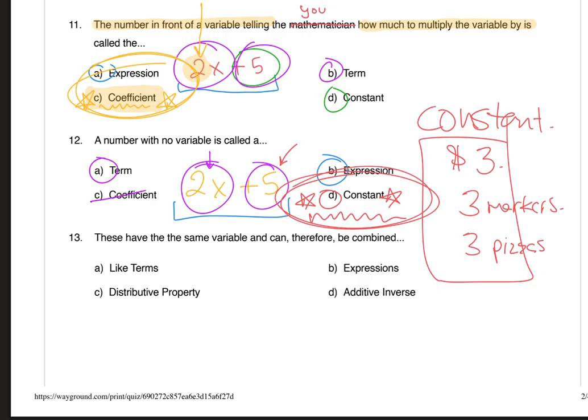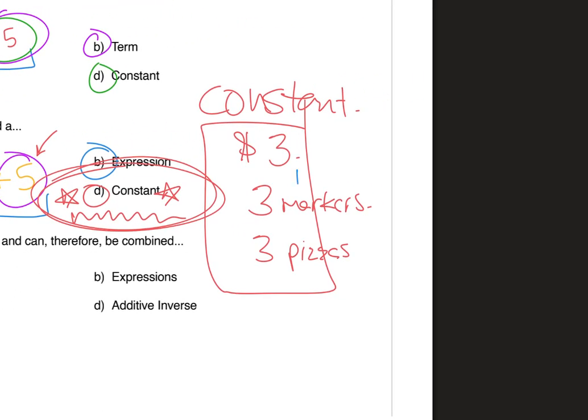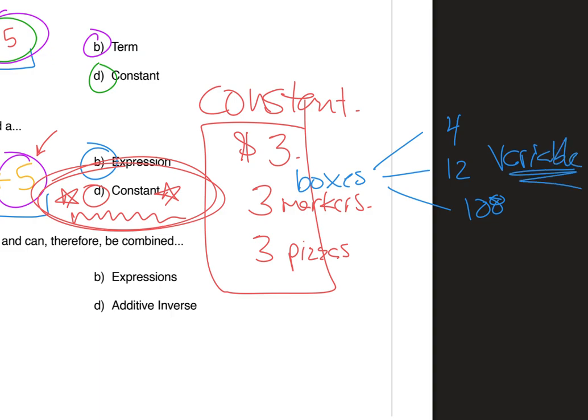Now, if I asked you for 3 boxes of markers, well, sometimes boxes can have 4 markers. They can have 12. They can have 108. That's when it becomes a variable, is when we don't know how many is going to be inside.